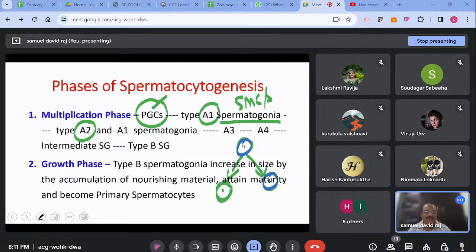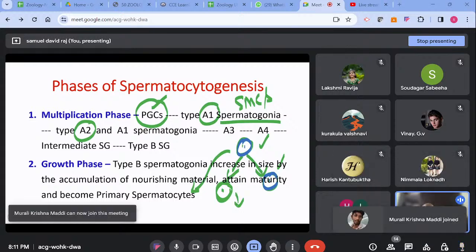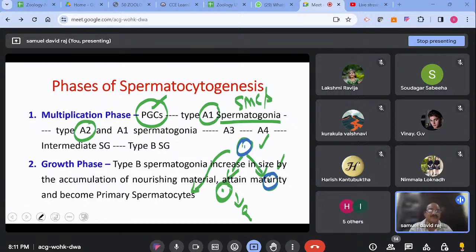Why is this so? Unless the type A1 are present, the process cannot be continued. After the formation of sperms is completed, we need sperm production even after that, because production is a continuous process once you reach puberty. So for that the A1 spermatogonia have to be maintained. That is the reason why it forms type A2 as well as A1 spermatogonia.